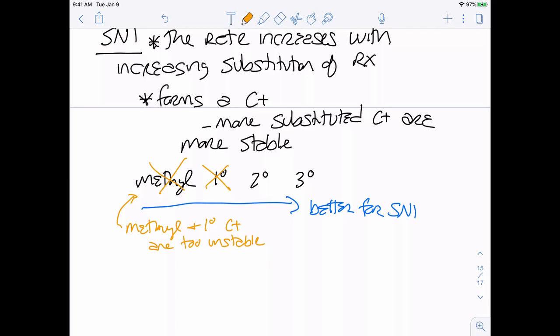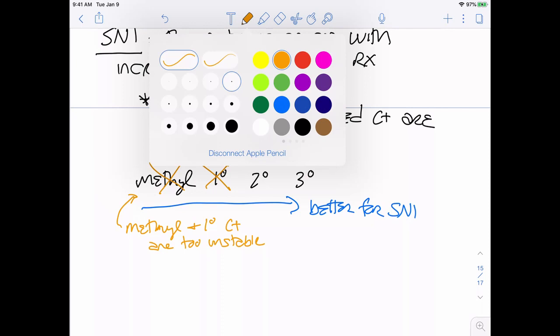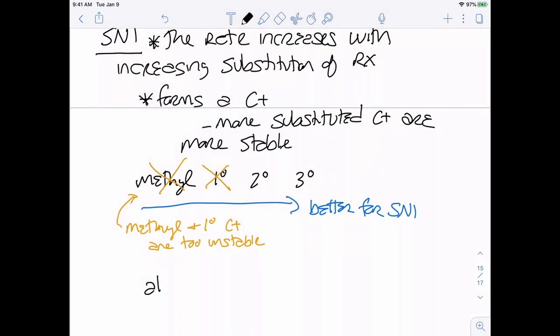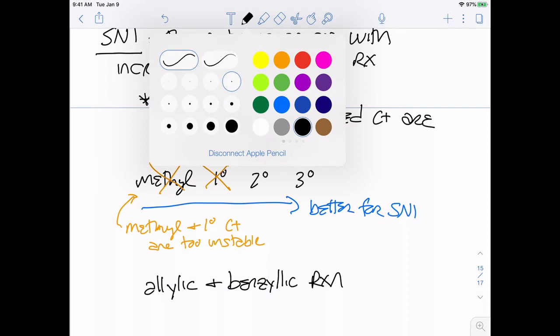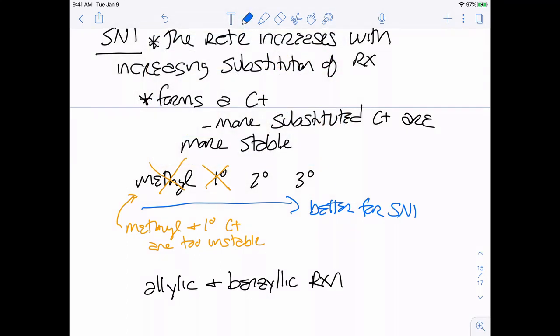Also, though, don't forget about allylic and benzylic, right? These guys are resonance stabilized once they form that intermediate. These are also good. They can also go SN2 because they're not really sterically hindered, but these are also good with SN1.